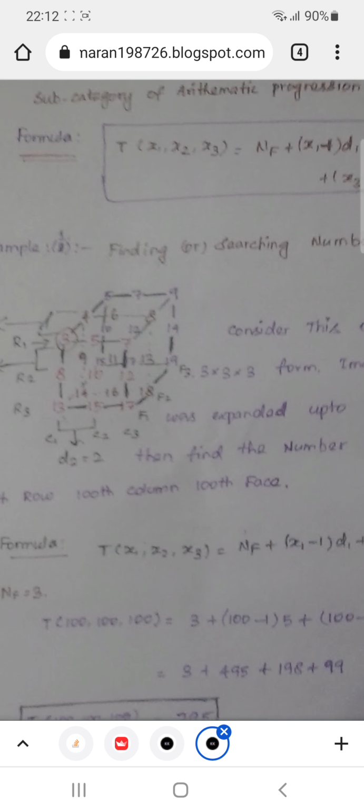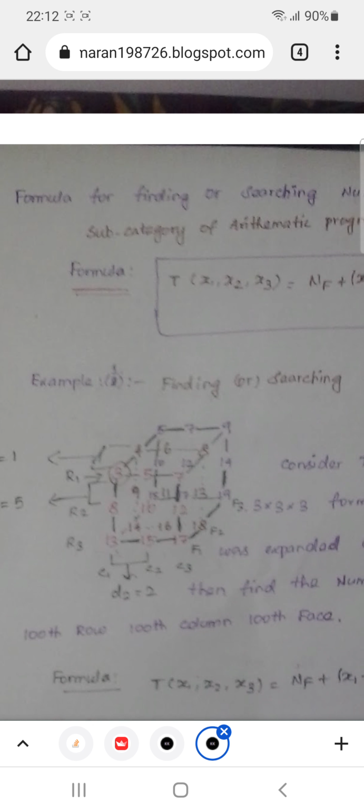Take this particular column. The differences are 5, 1 and then 2. The first number is 3, and then imagine this particular problem statement.